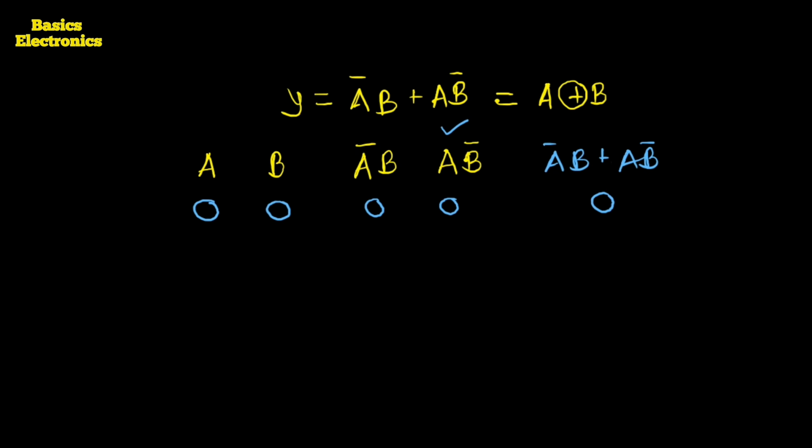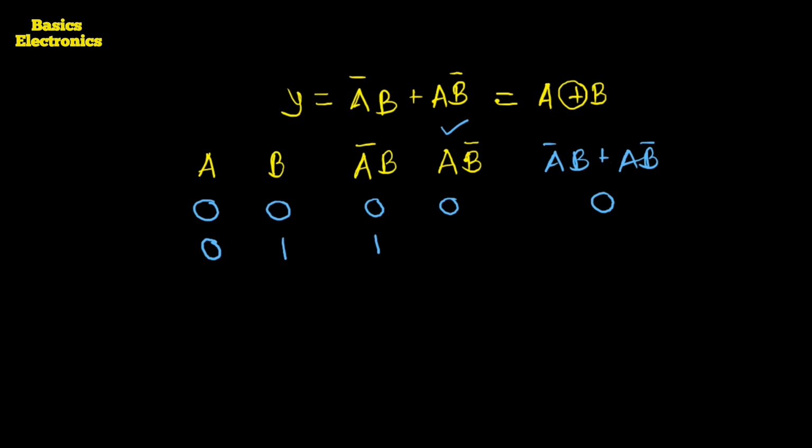Then the second combination we see is A is 0 and B is equals to 1. It means here A bar is equals to 1. A bar is 1, B is equals to 1, means it is 1 dot 1. So therefore here we get the output equals to 1.